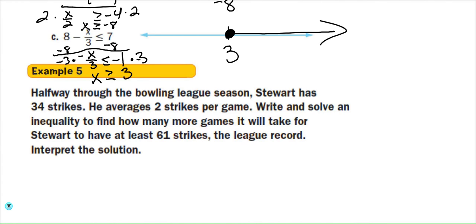So he's got 34 strikes already. Okay. He's getting 2 strikes per game. And then he needs to do at least 61. Okay, so we're going to subtract off 34.